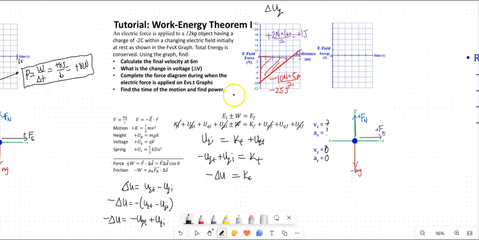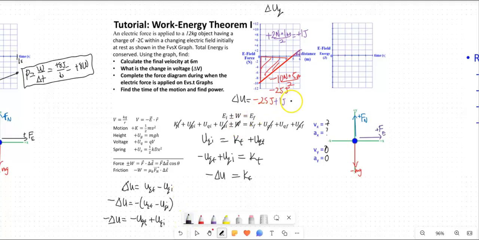So the total delta U here, which is the work done, by the way, that is going to be negative 25 joules plus 1 joule.